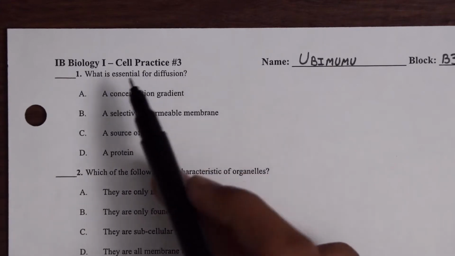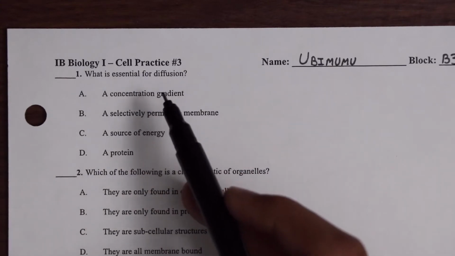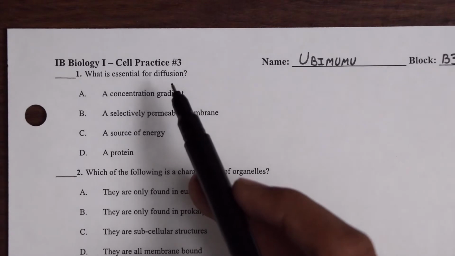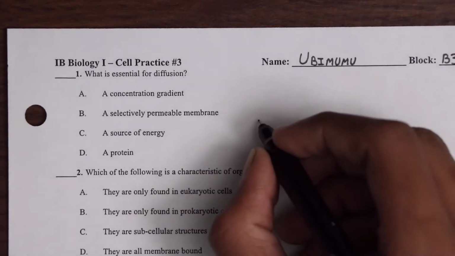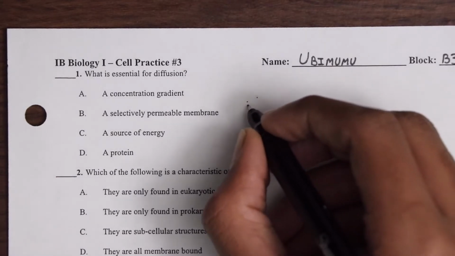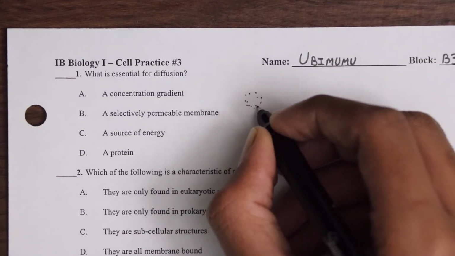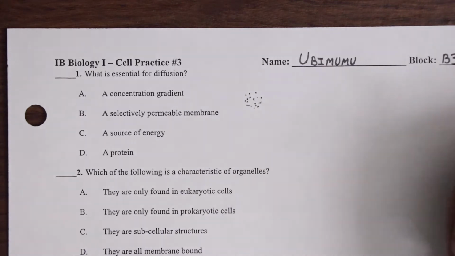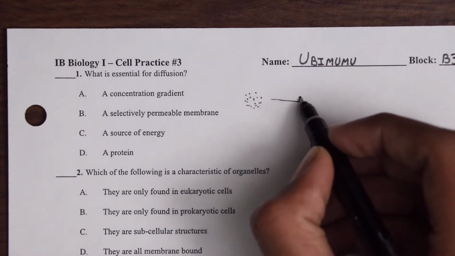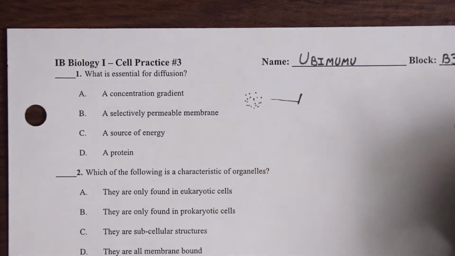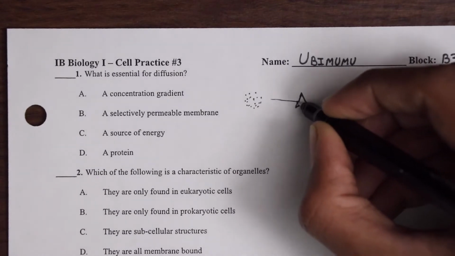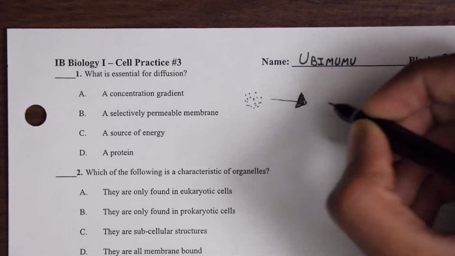So, what is the question trying to ask? What's essential for diffusion? Basically, what can occur so that diffusion can take place. Diffusion, if some people don't know, is any particle, it doesn't have to be in a cell, it can be just a gas, that disperses out from a concentration of high to low. And this can happen in the air.